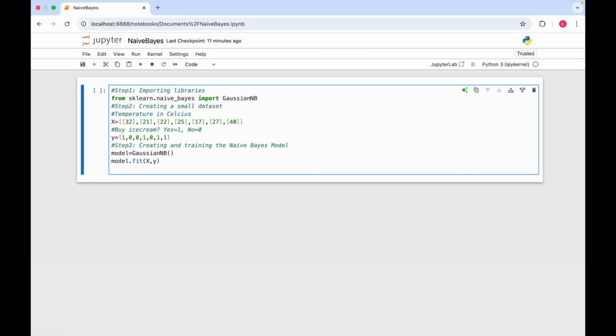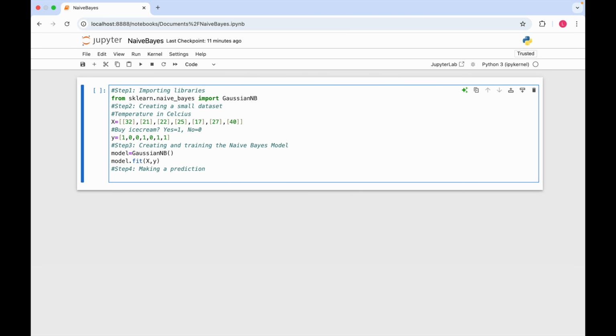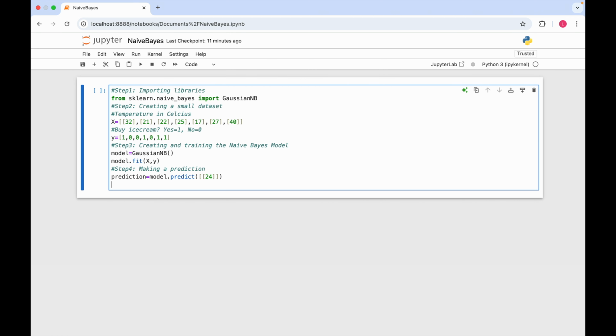And the next step, step 4, is making a prediction. Prediction equals model.predict, and then I will give some value like 24. So this helps the model predict.